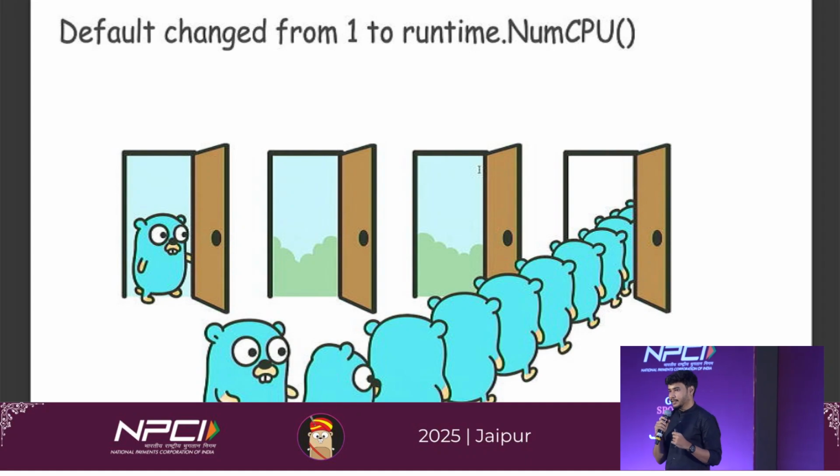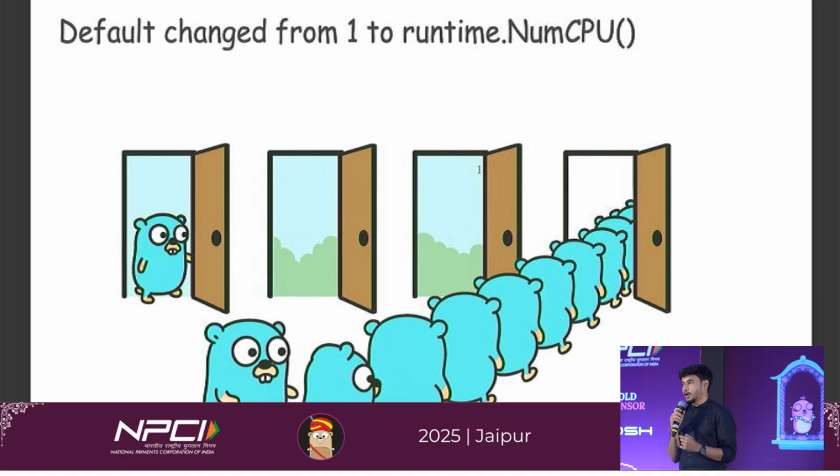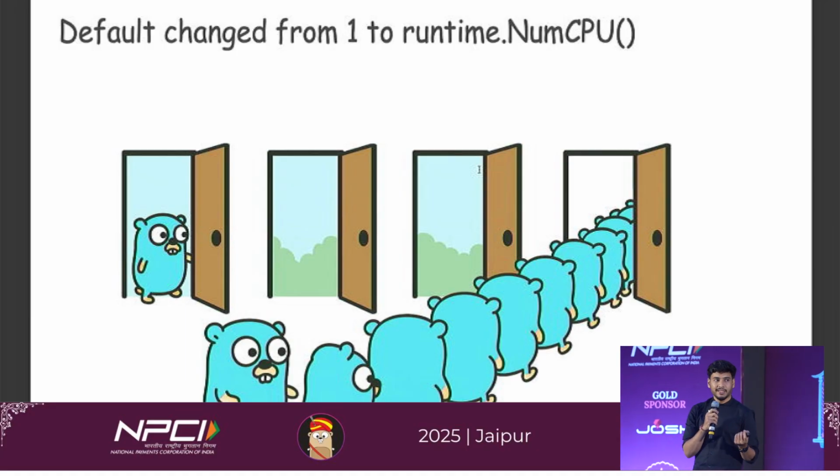Well, since they realized that people are using Golang for more CPU-bound use cases, they changed the default from 1 to the number of CPUs, so your application can actually use the full power of your CPU, making your application much better, much faster. By default, you don't have to do anything. But the key thing to note here is they already thought of this. If you wanted to implement a CPU-bound application, the setting was configurable from the start, so you could always do that. It was not a limitation, just a default configuration.